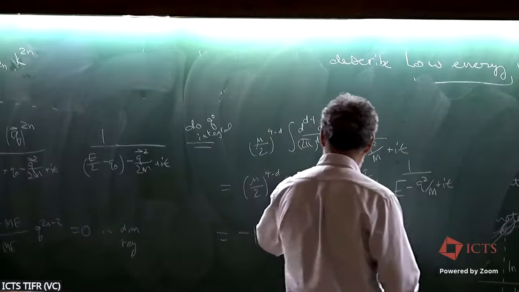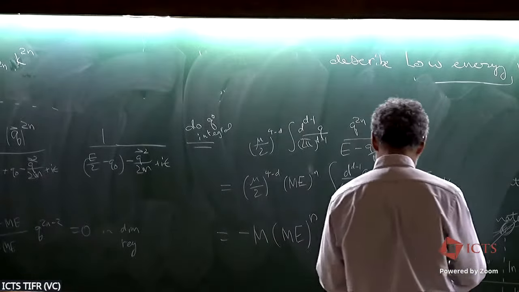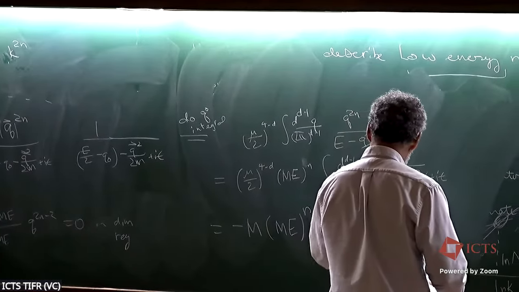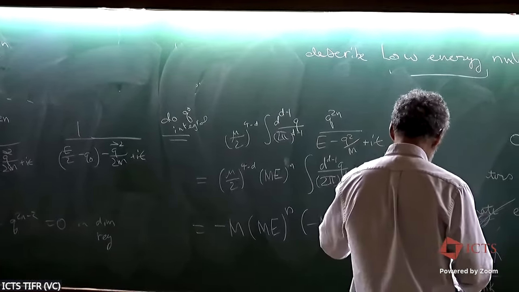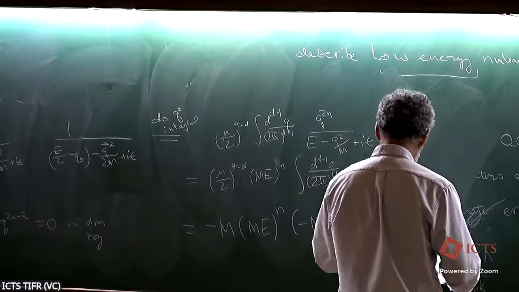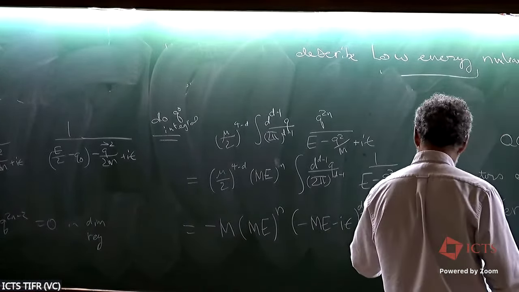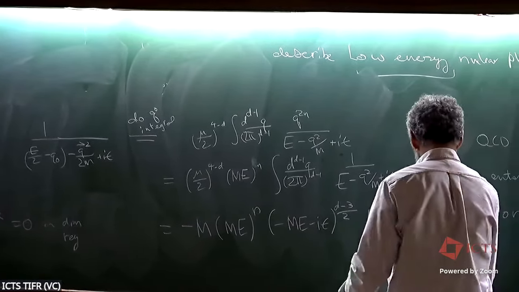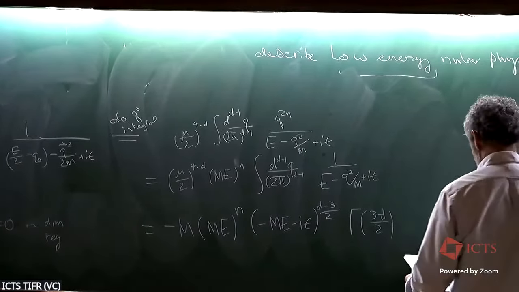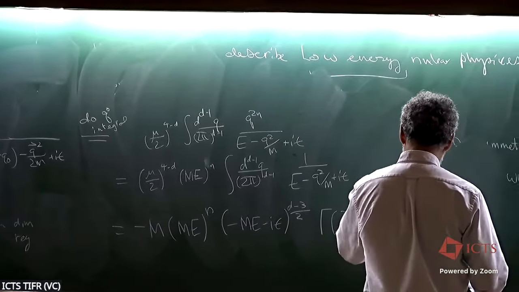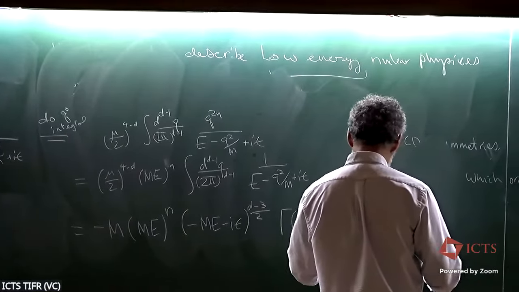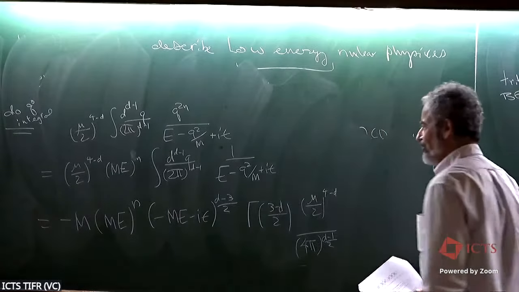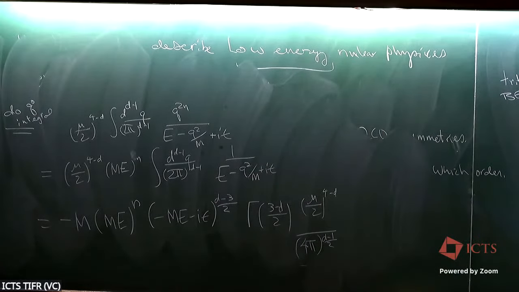Sorry, this is to the n, not 2n. Times minus mE minus i epsilon to the d minus 3 over 2, times a gamma function of 3 minus d over 2, times mu over 2 to the 4 minus d over 4 pi to the d minus 1 over 2. So that's what you get in dimensional regularization.